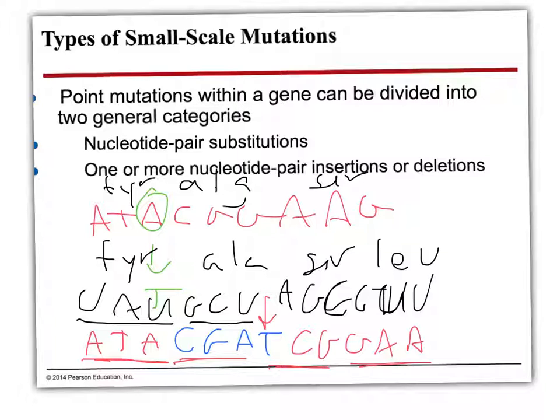So what I've done, just by luck, I've actually added and shifted the amino acids. But just by luck, I haven't changed tyrosine, alanine, serine. So I've added one, but I haven't changed anything until the end.